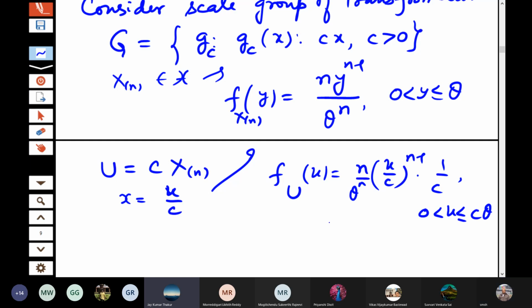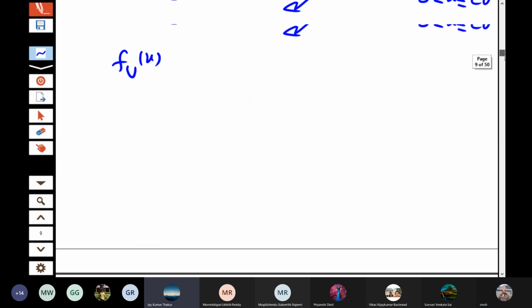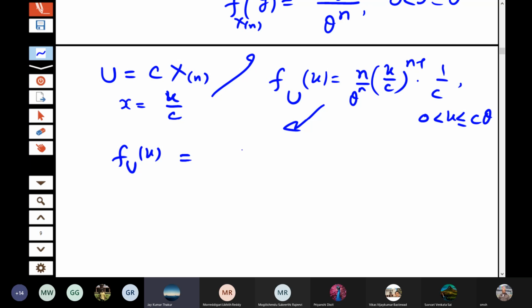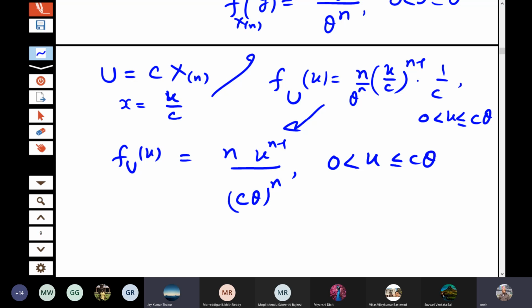So we can write it here properly. The density of u is n u to the power n minus 1 divided by c theta to the power n, 0 less than u less than or equal to c theta.